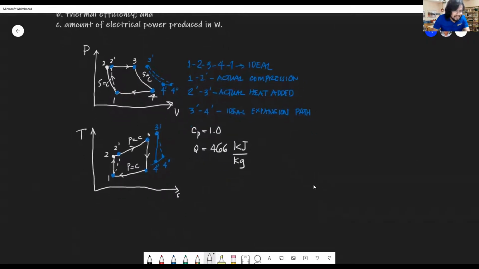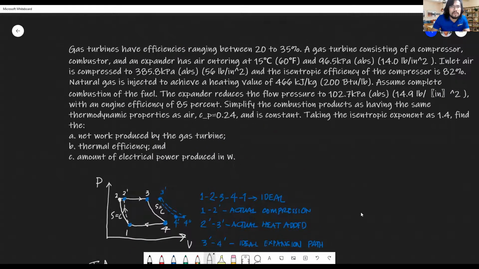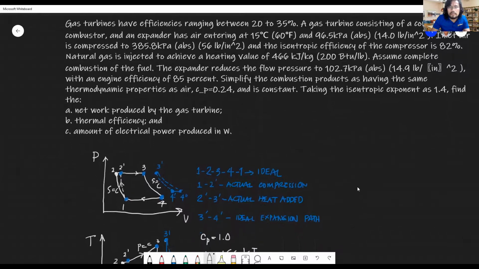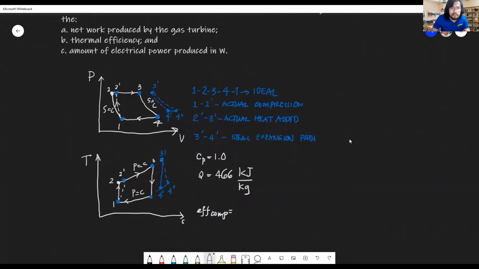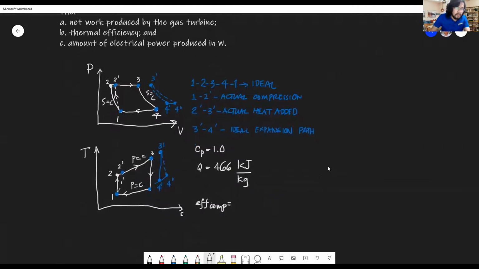It's gas. All right, so the efficiency of the compressor, again, how big is the compressor? How efficient? 82%. Okay, and the turbine efficiency is 85.